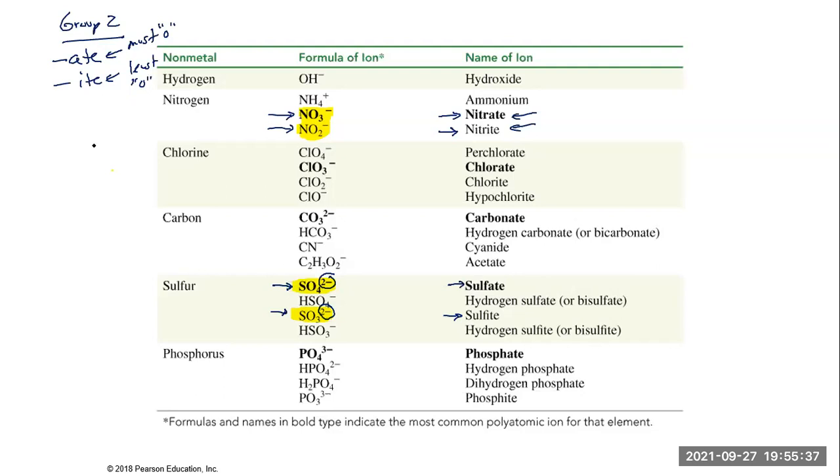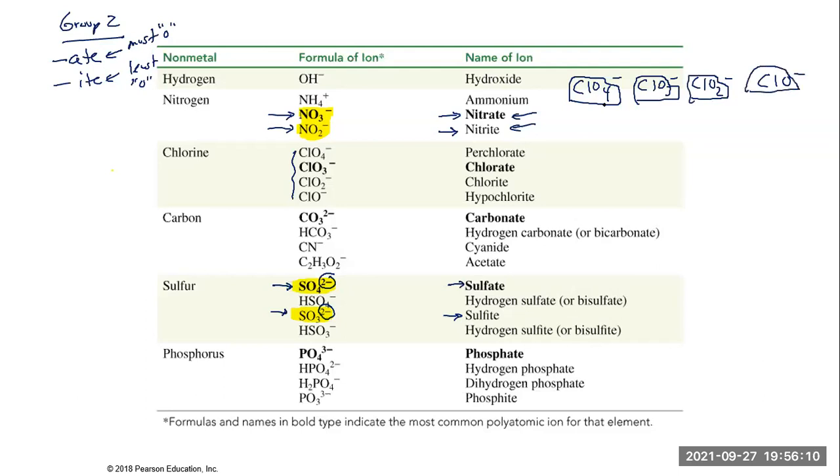There are also groups of 4 that are related to each other, like we see here. This is ClO4 minus, ClO3 minus, ClO2 minus, and ClO minus. Every single one of these has a -1 charge. The only difference between all of these is the number of oxygens.